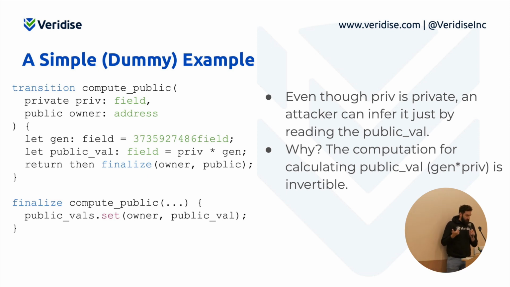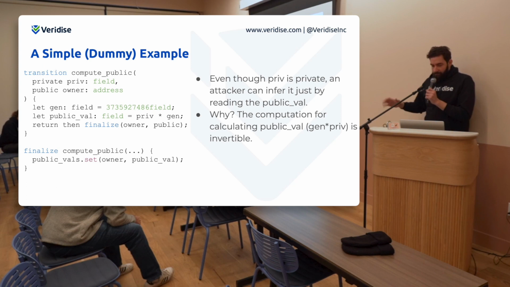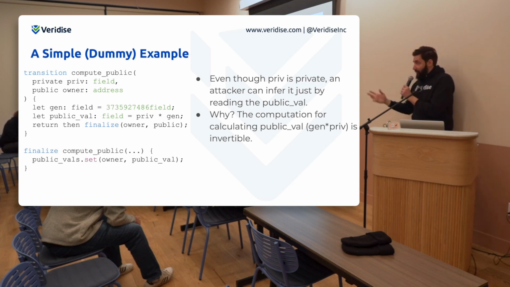Here we have a simple transaction that, given a private field and an owner, does a multiplication between the private value and some constant, and then calls finalize, and this value flows into the blockchain.